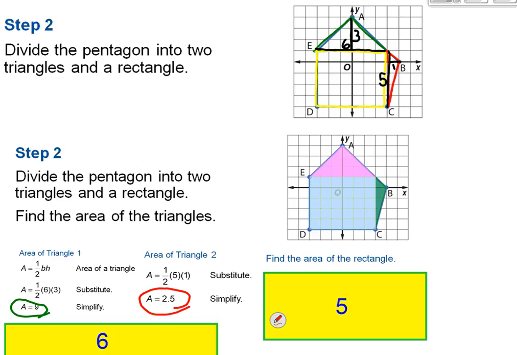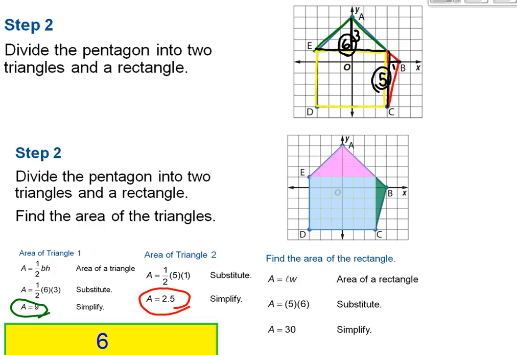Then we're going to find the area of the rectangle. We already remember from our previous work that it has the dimensions of 6 by 5. The area of a rectangle is length times width. 6 times 5 is 30. So the area of that rectangle is 30.